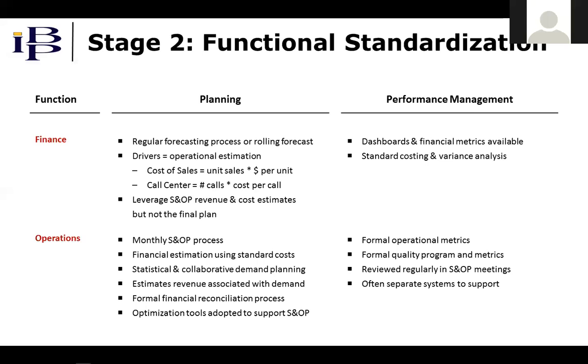In operations, they're also using other models to support their monthly S&OP process, and they may have some sort of financial estimation. For example, they want to estimate cost differentials, so they'll have standard cost of sales, which include direct labor, overhead, and material. But it's not supporting scenario planning or analysis that looks at the company as a whole.